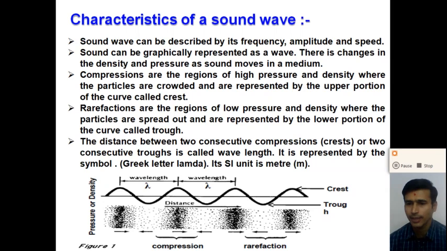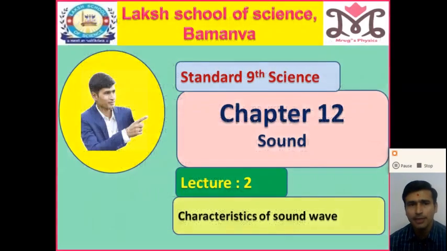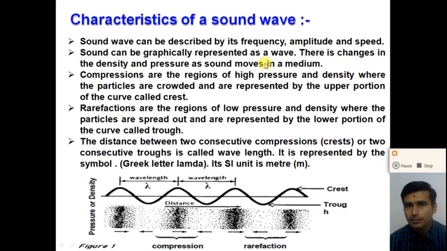If you consider air, the vibrating object produces a disturbance in the air in contact with it, and the effect of this disturbance moves through the medium. So sound is one type of wave, and a sound wave can be graphically described by a wave. There is a change in the density and the pressure as the sound moves in the medium.